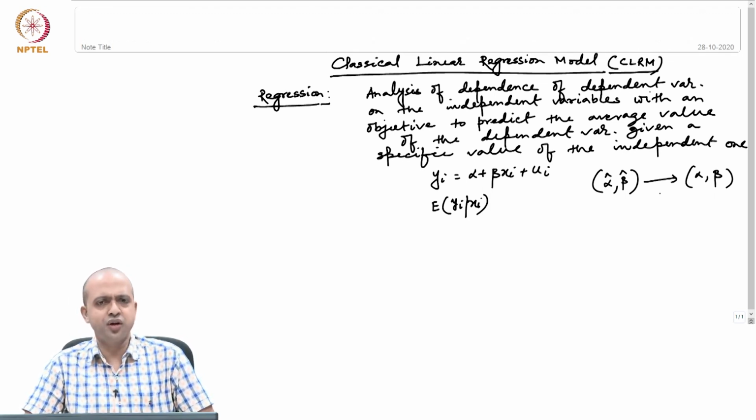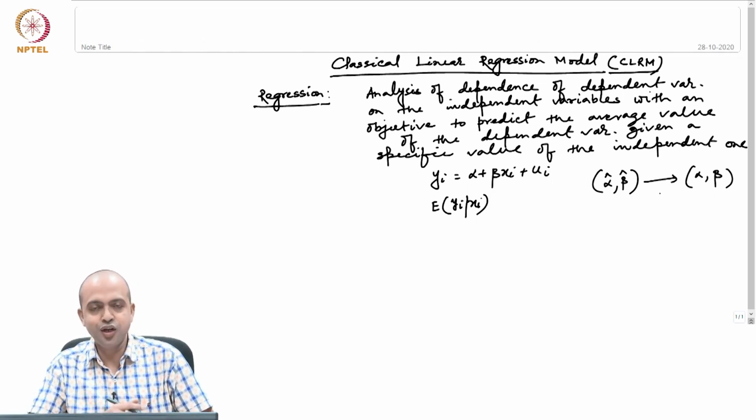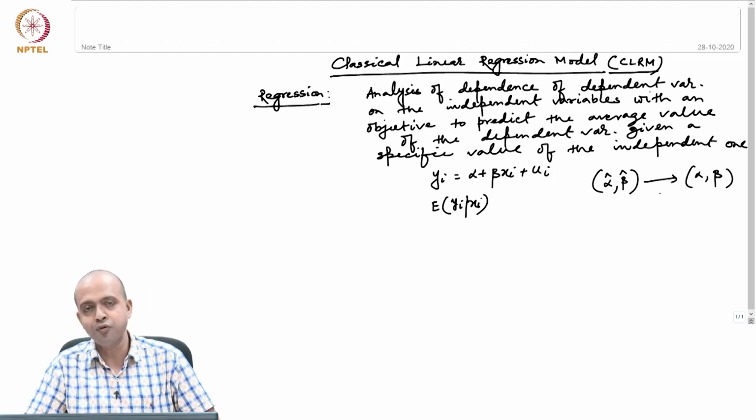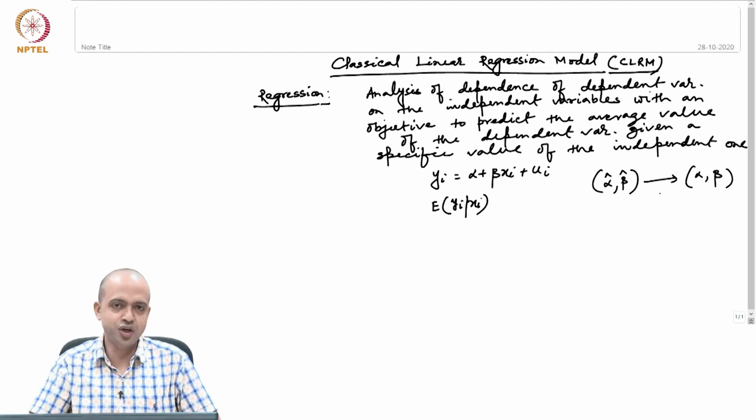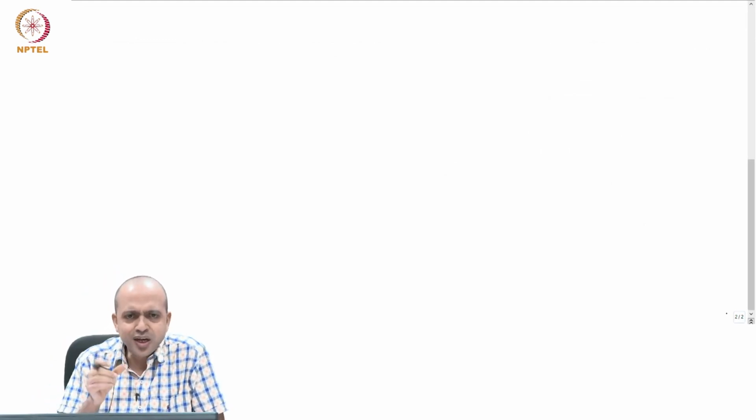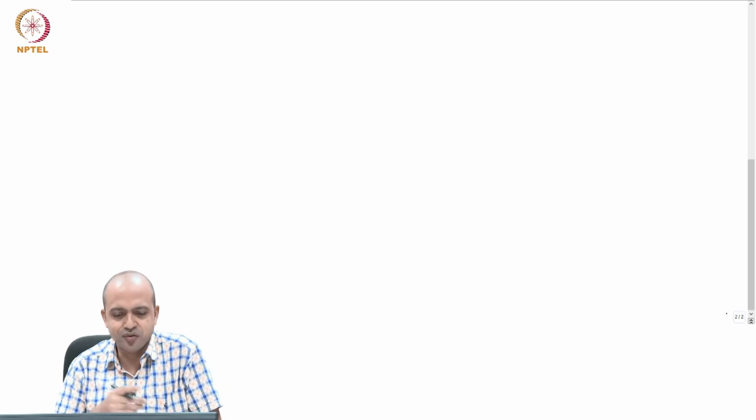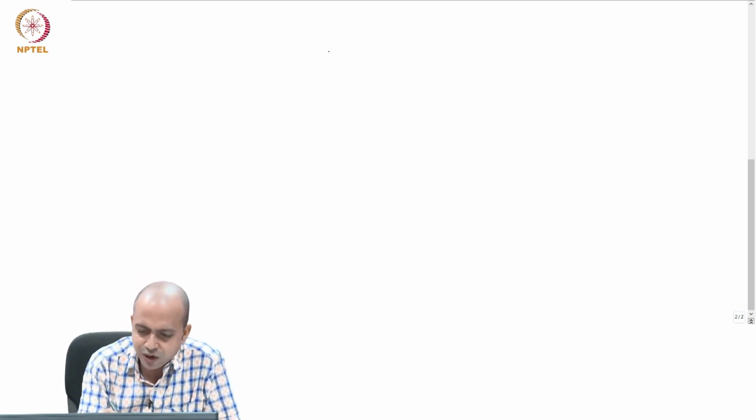But what is more important is to understand what exactly we are estimating and what the interpretation of that is. So, I will make you understand the exact meaning of regression analysis with a simple example in the context of consumption and income. Let us say that we have data on weekly income and consumption of some 16 families, and this is the level of consumption.